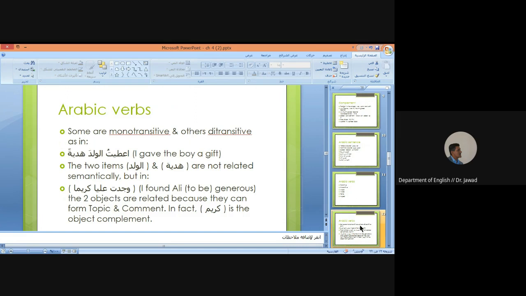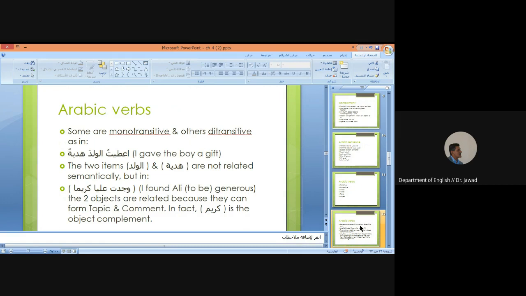The two objects are related. Out of Ali and Karim, we can create a clause Aliyun Karimun. Both of them constitute a nominal clause in which we have mubtada and khabar, theme and rheme, or topic and comment. So Kariman is the complement of the object Ali.